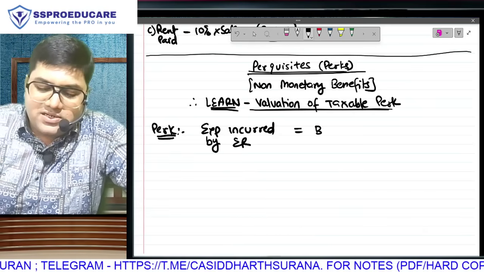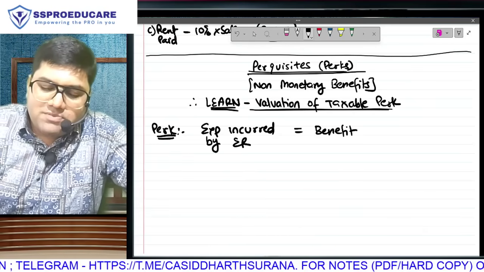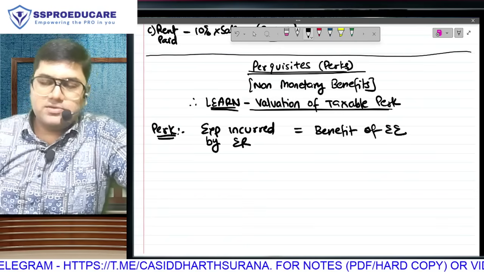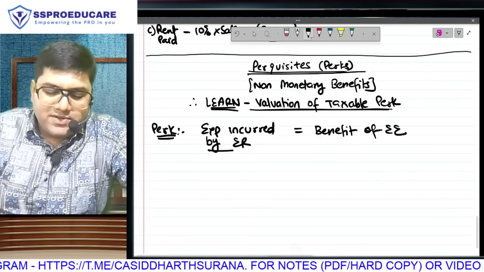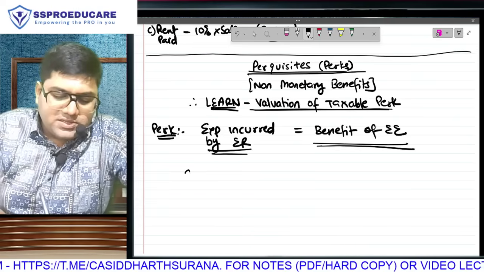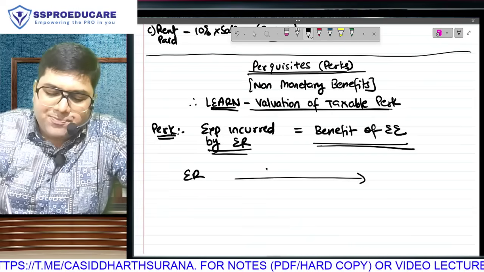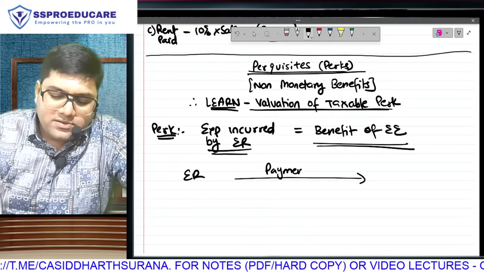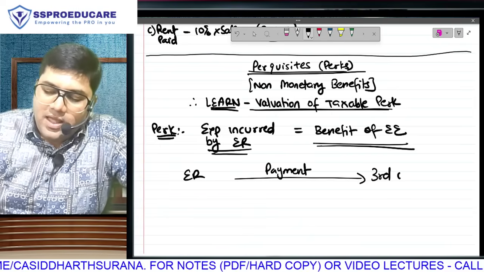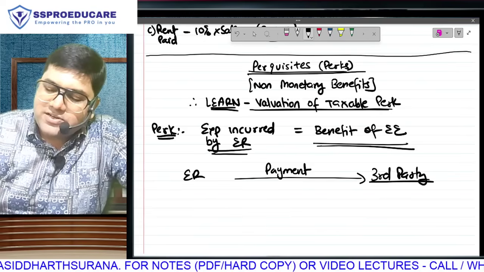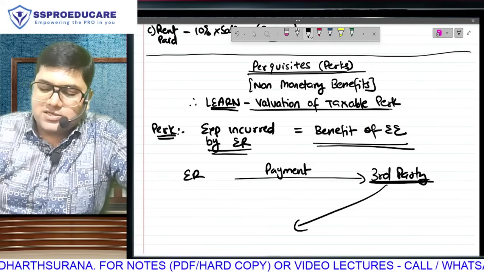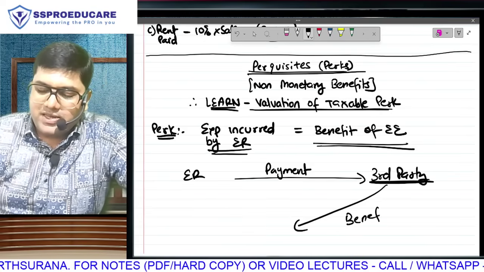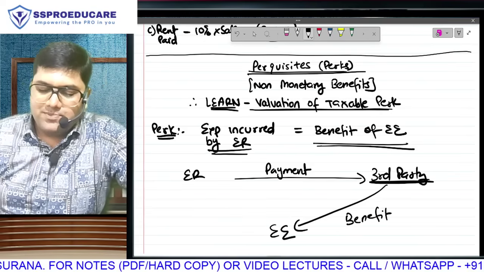But this will result in some benefit. In simple language, the employer is going to make payment to a third party, and because this third party has received money from your employer, this third party is going to provide some benefit to guess whom? The employee.